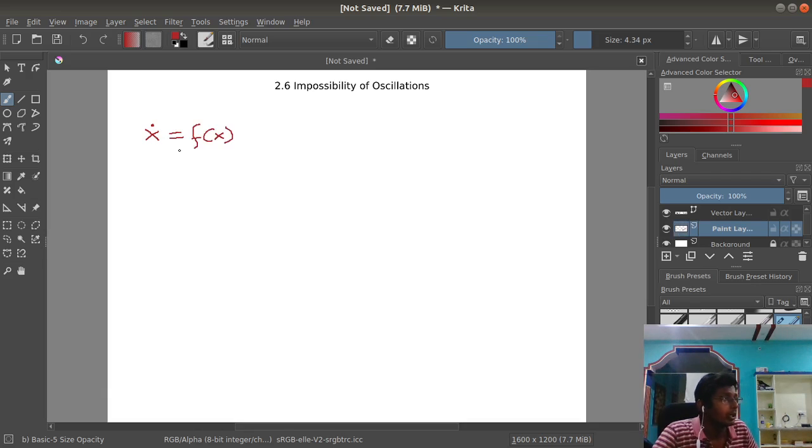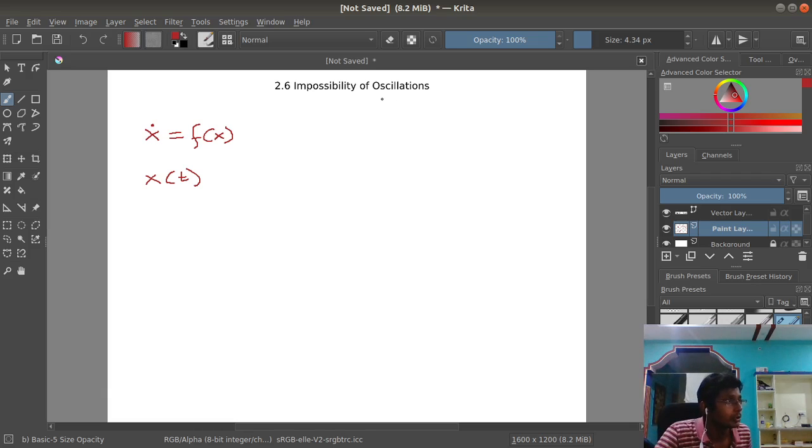And for this differential equation, the solution of x has been identified. Let's say that is x of t. And the claim is, if it is a first order system, which means there is only one x, in that case the oscillation is not possible for that system. So that's what the claim is.